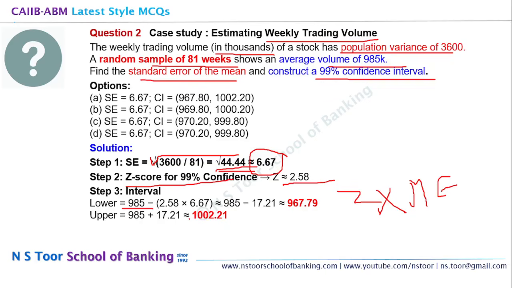So what is the Z here? Z is 2.58. And what is the standard error that we have calculated? Standard error that we have calculated is 6.67.